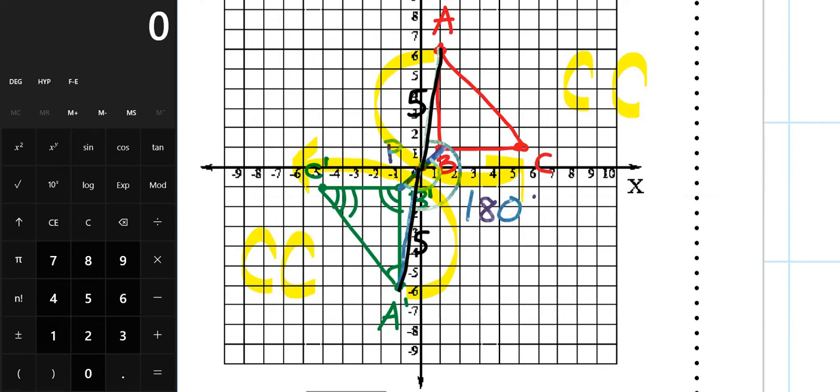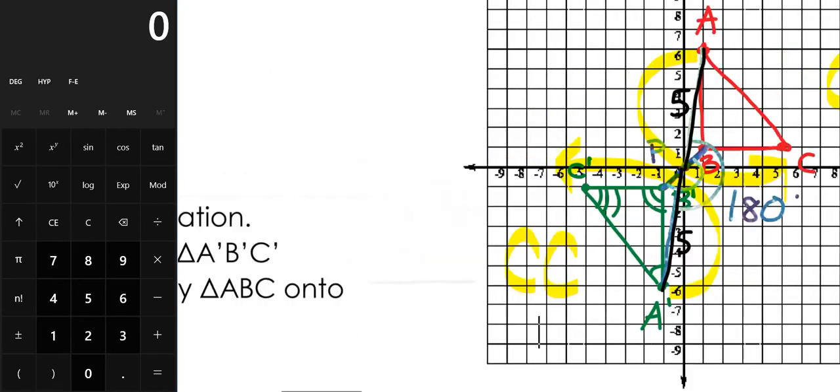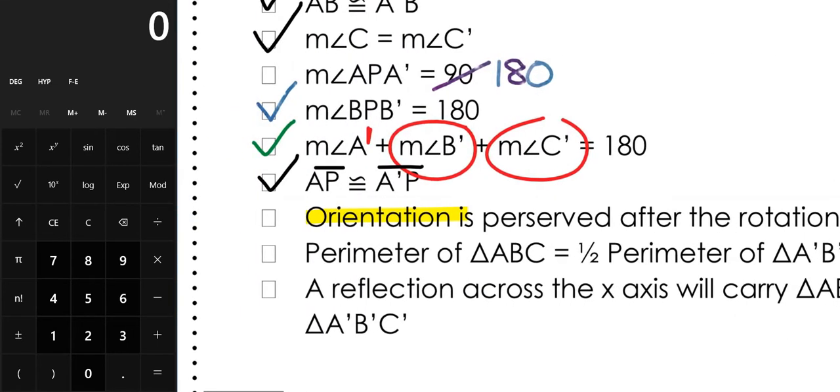Orientation would have changed if I had to go clockwise now to get from A to B to C. But since in both the before and after you're going counterclockwise when you're labeling from A to B to C, that means orientation has stayed the same. So we are going to go ahead and click off that yes, orientation is preserved after the rotation.